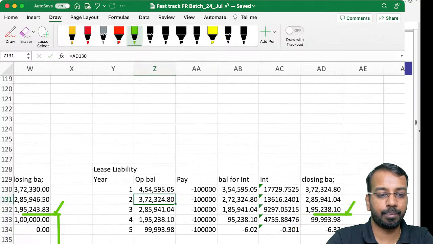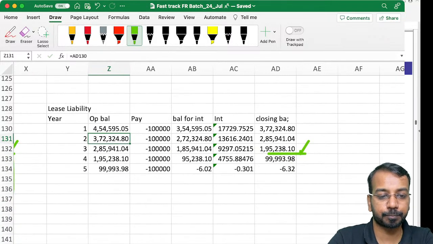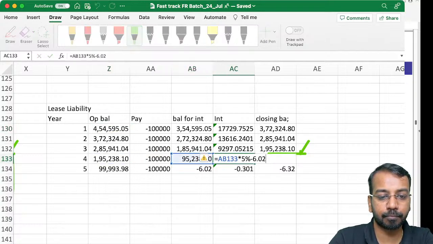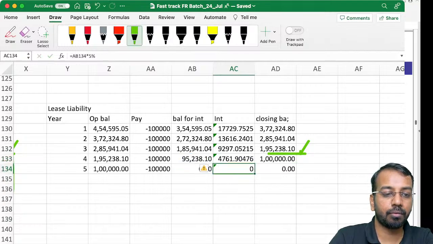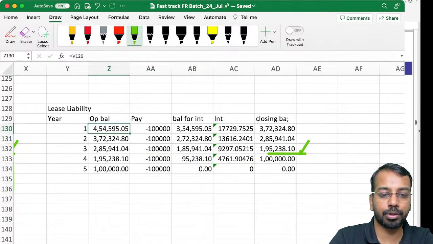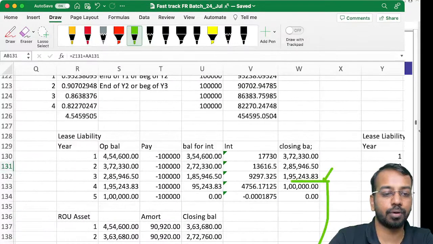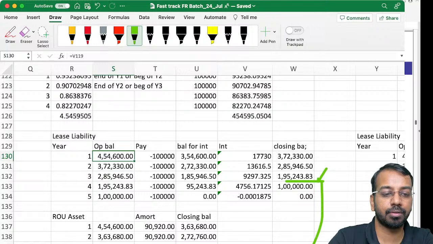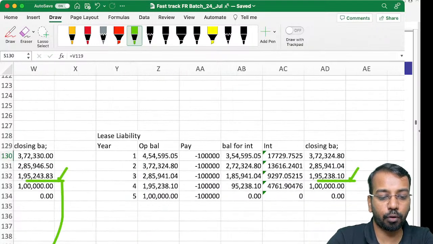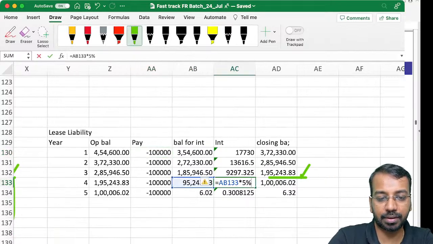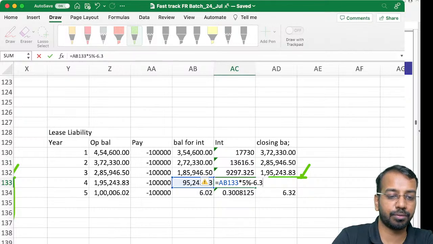This is the original table, right? 454,595 is the original, or 454,600. I think that is what we have taken, so 454,600 is more appropriate. Here we said our interest is higher, so I will say minus 6.32. This is how it was worked out.